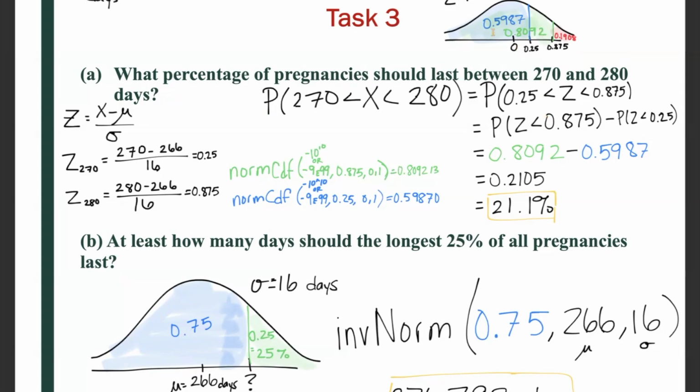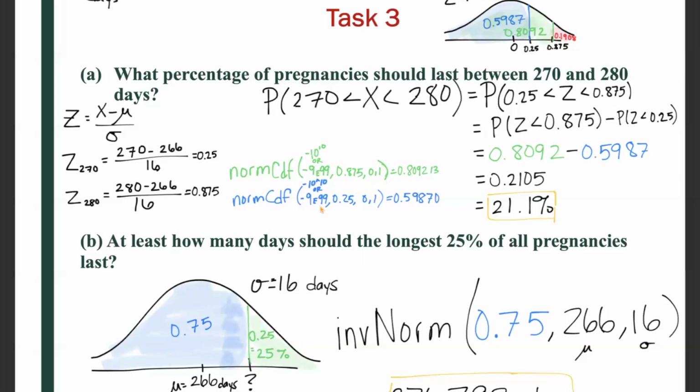So I first need to find the area of this blue region here, and then also the area of the green region, which is all the way from negative infinity to 0.25. I can take that difference, and then all that will be left is this region here. So that's what I do. First I want to find the probability of z being less than 0.875.